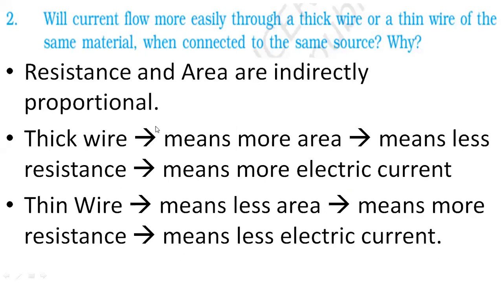So obviously, which wire will have more electric current? Thick wire. Okay? So write down this answer in your notebook. Write it properly. First write down resistance and area are inversely proportional. Then thick wire means more area, means less resistance, means more electric current. And the second one, vice versa.